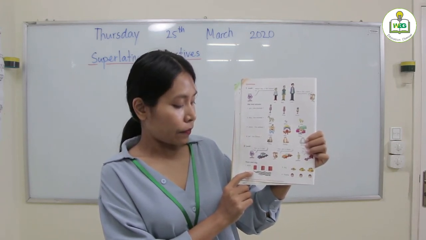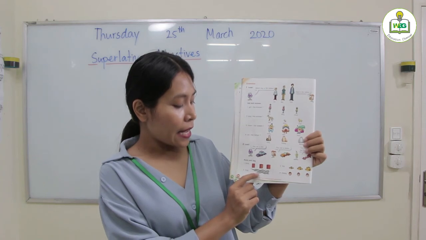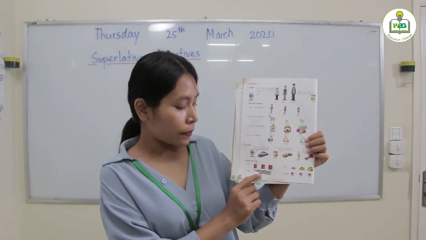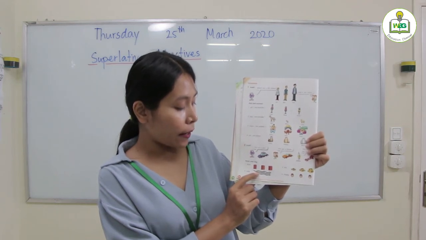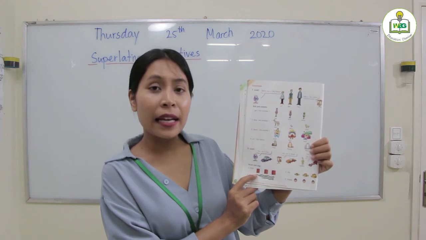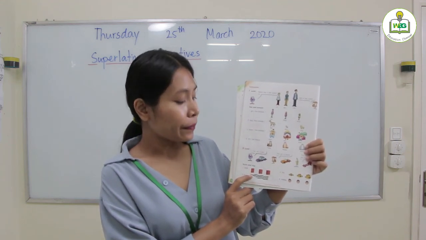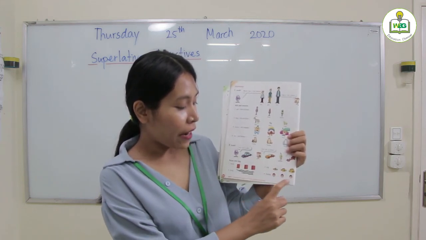So, a snake is long. We can say this snake is long, but we can say this snake is longer. And then, we say this snake is the longest.